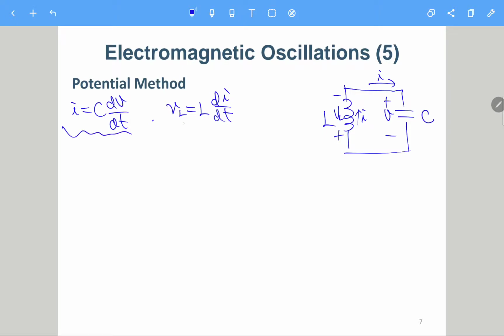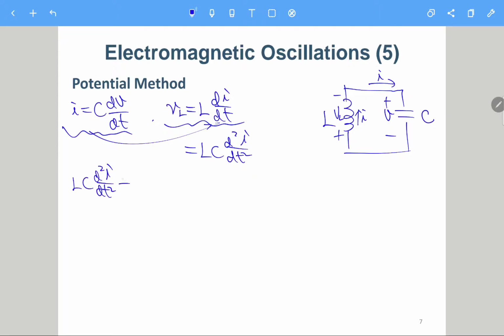So these two equations are really, really important when you try to solve the RLC circuit. So we can substitute this one into here. So it is like LC d2I dt2. Okay, so when you consider this loop, VL plus V should be 0.